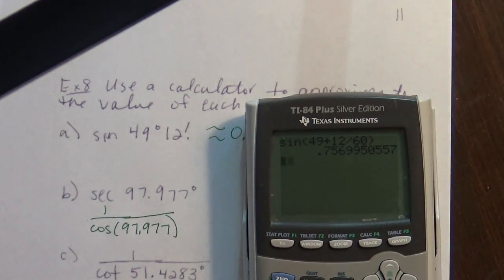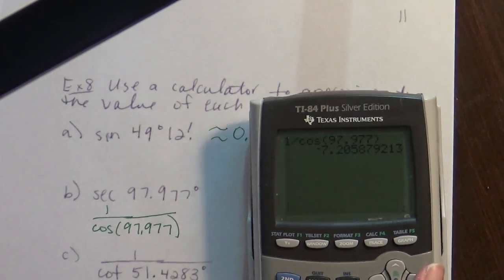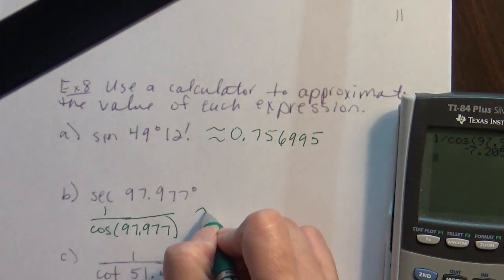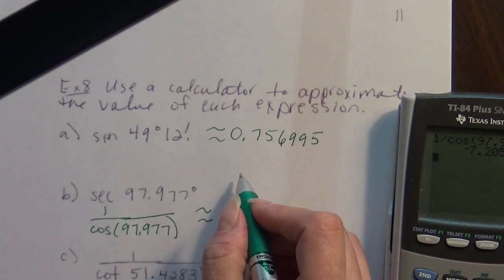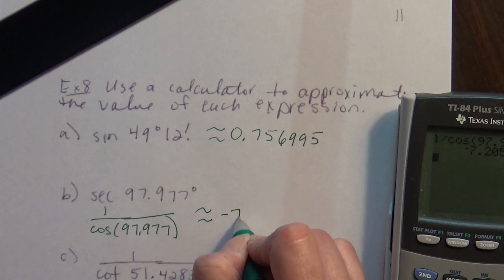So we're going to say 1 divided by cosine, and we put in our 97.977, close parentheses. I get negative 7.205879213. So I'm going to say that's approximately equal to negative 7.2.